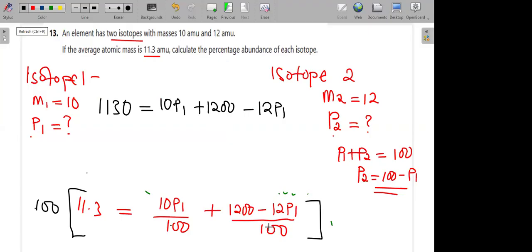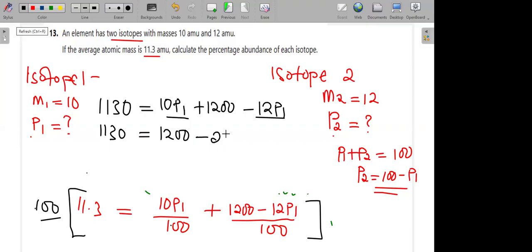Now collecting like terms together, it will be 1130 equals 1200, and then 10P1 minus 12P1.